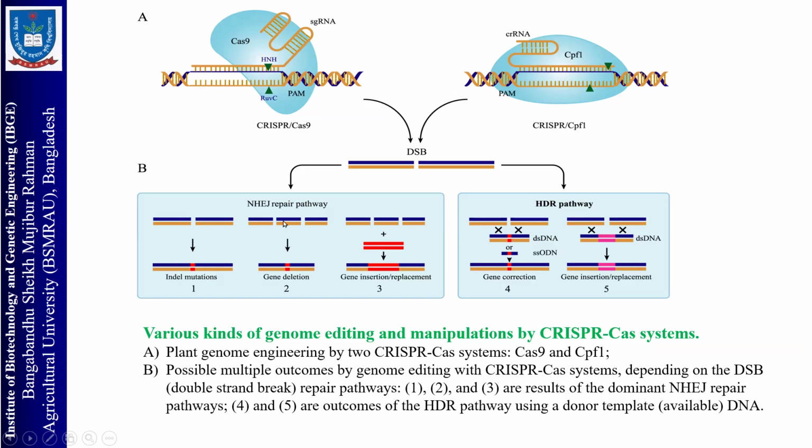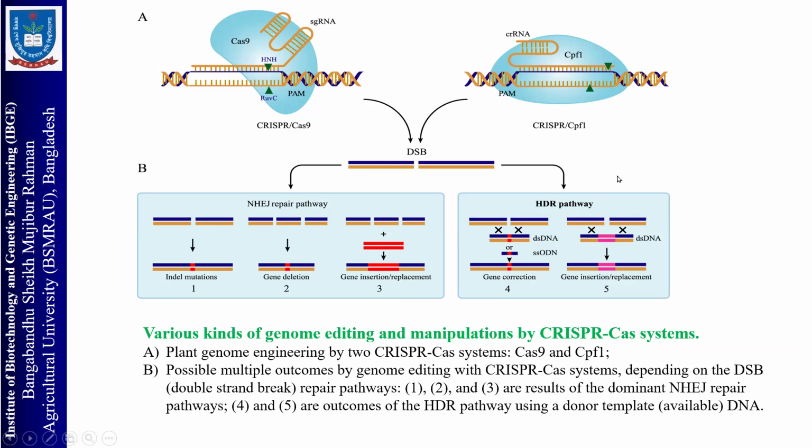In plant genome editing, mostly the non-homologous end joining repair pathway is being utilized for developing new varieties. But HDR is also hugely used in research, though due to the GMO concern, it has not been practically used.